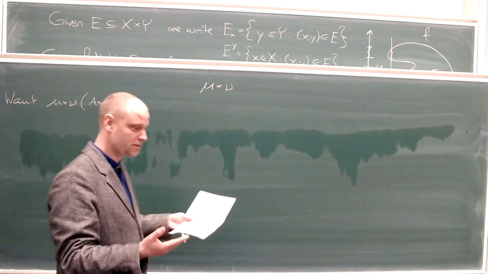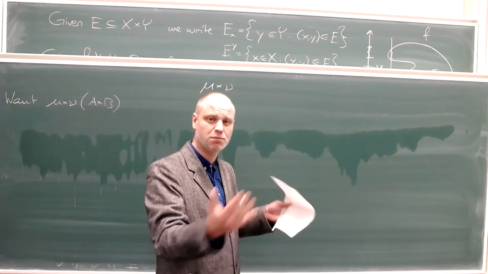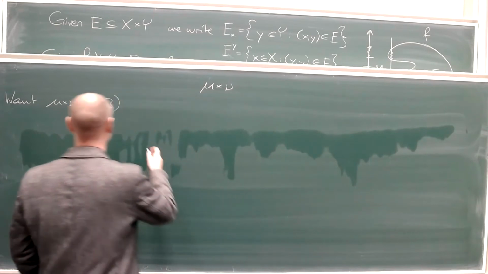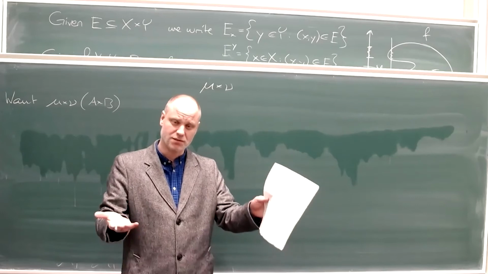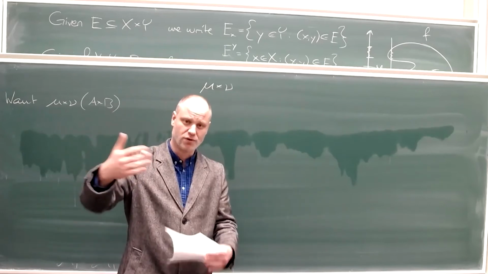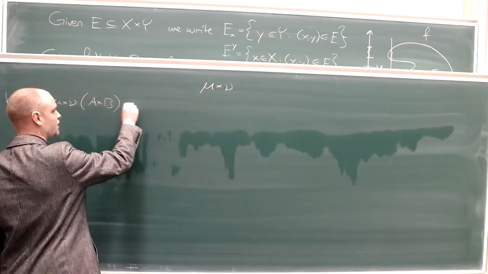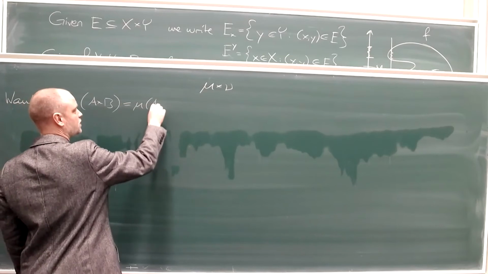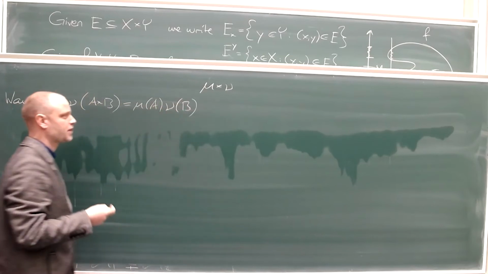Because how do we generalize the idea of size to higher dimensional things? We just multiply, right? Like the rectangle is the base times the height. A box is the area of one of the sides times the thickness. So just building on that idea, the property we want is this.